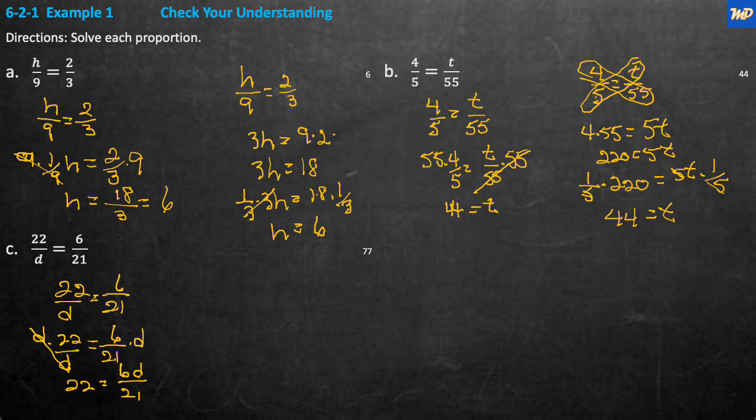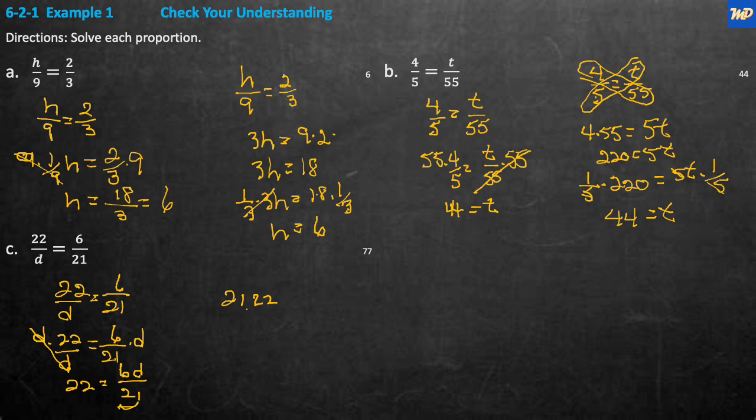I'm going to say 21 times 22, that's the 21 here times the 22 here, and because it's the inverse, it's 22 over 1 at this point.